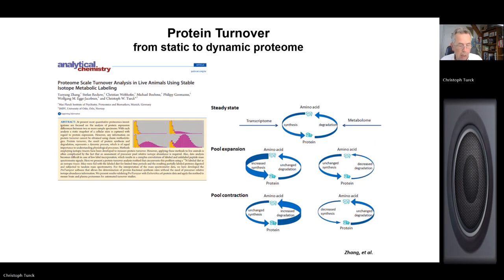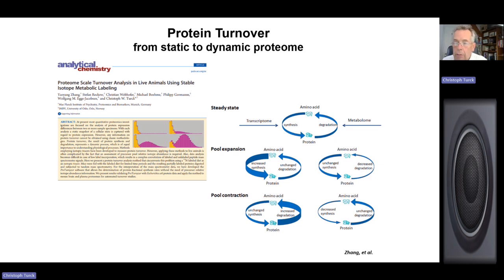Okay, I'm going to shift gears now, as I mentioned in the beginning, to some projects that have to do with protein turnover. Again, the proteome is a dynamic entity. What is protein turnover? Well, it's the combination of protein synthesis and degradation. There are several scenarios.